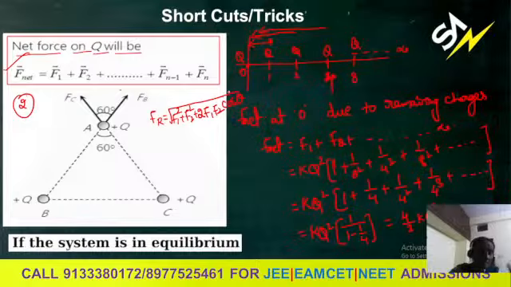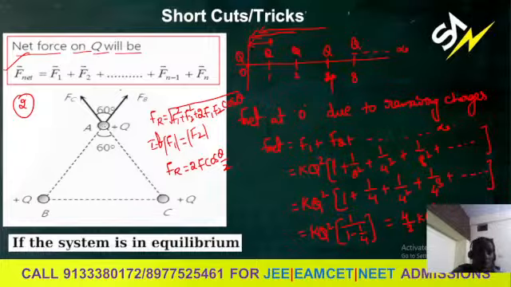This is from the parallelogram of vectors. And one more short trick is there: if F1 equal to F2, meaning their magnitudes are equal, then the resultant you can use as 2F cos theta by 2.